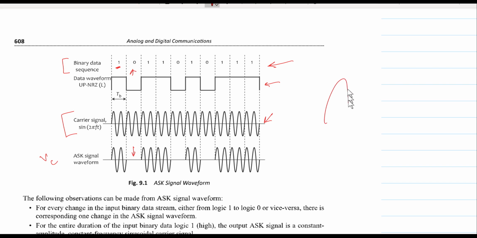Remember, the amplitude is what is varying, from 0 to the maximum of VC. So when we set this amplitude depending on the value of the incoming binary sequence, we achieve ASK.